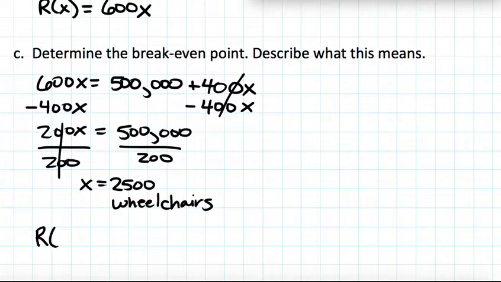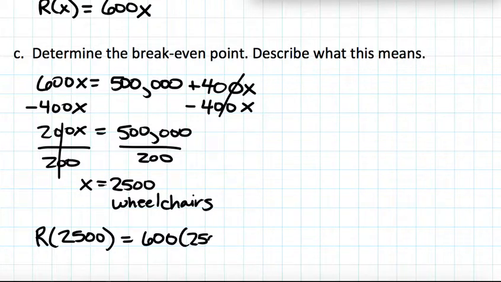So what I'm going to do is plug into either equation 2,500 for X. I'm going to use the revenue equation because it's going to be just a little bit easier, but you could also plug in to the cost function. So that's going to give me a value of 1.5 million. If I plug into the cost function, I would get that same value of 1.5 million.